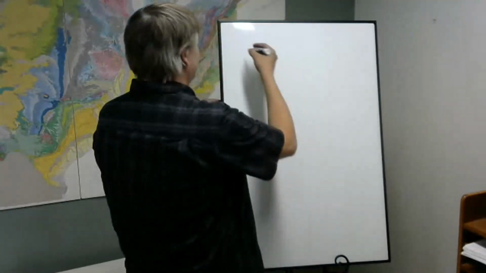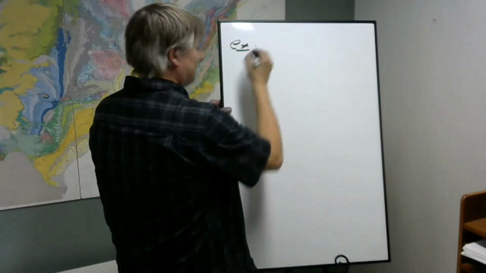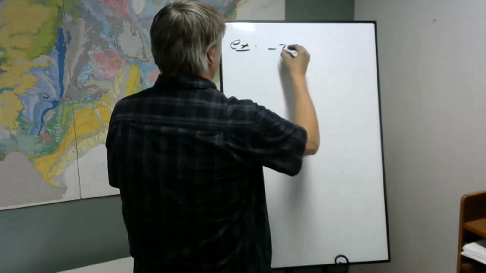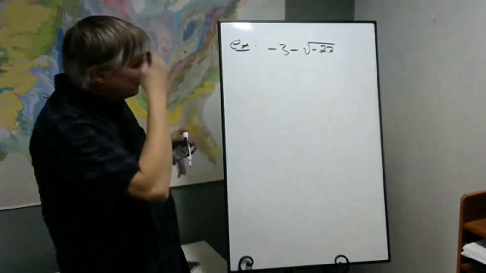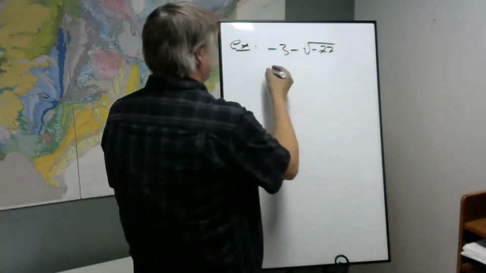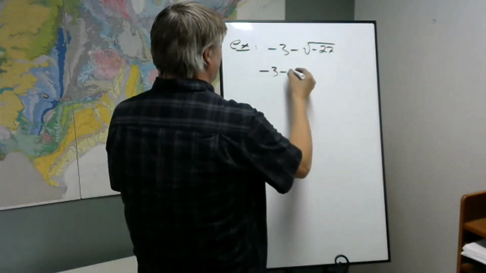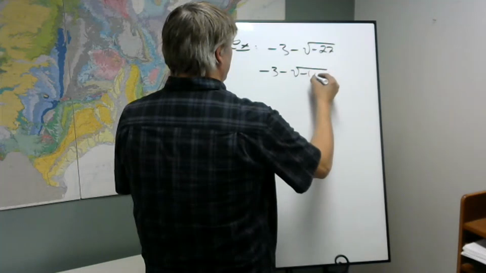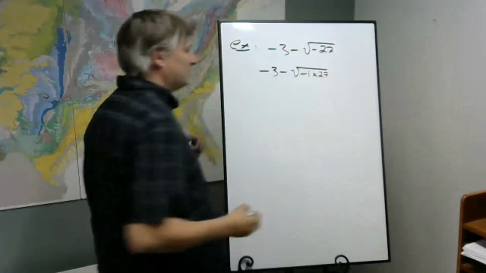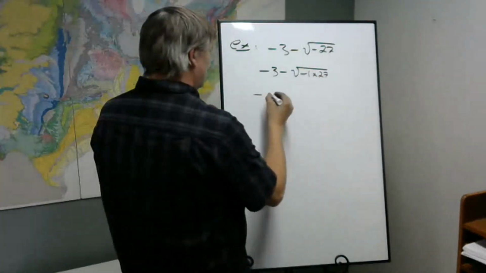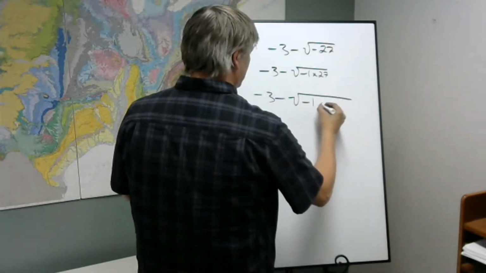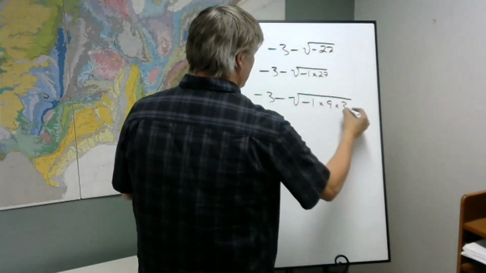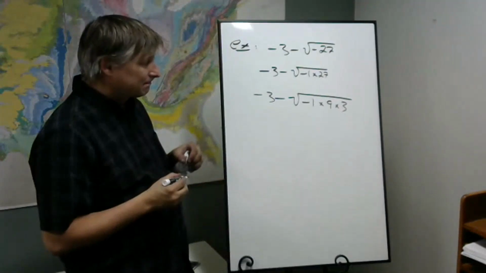So let's say we have something like this. What we're going to get here is negative 3 minus the square root of minus 1 times 27. Or minus 3 minus the square root of minus 1 times 9 times 3.